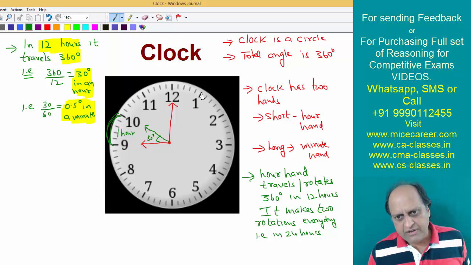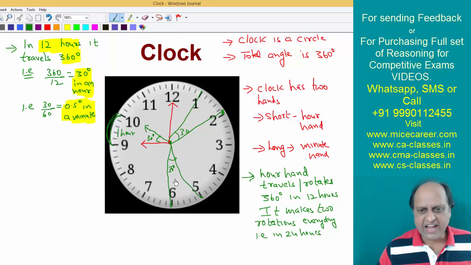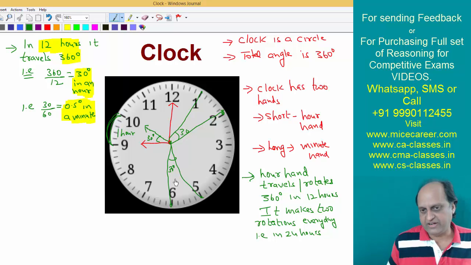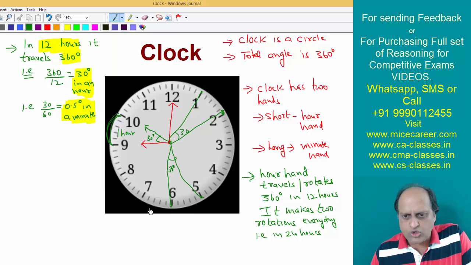So the angle between two consecutive numbers, you should always remember, is what? 30 degree. The angle between two consecutive numbers is nothing but 30 degree. When I try to make a straight line, I find it a little difficult, but no hassle. I think you are understanding. So the angle between any two consecutive points is 30 degree.